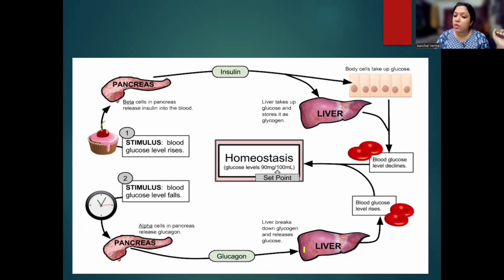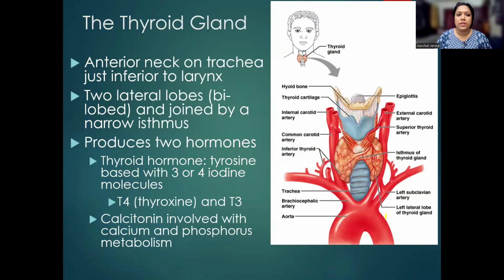Now glucagon will go and affect the liver. The target site for the glucagon is the liver, where it converts the stored glycogen into glucose and again releases that glucose in the blood, increasing the level of glucose in the blood. So finally the level will again come back to normal. Understood?